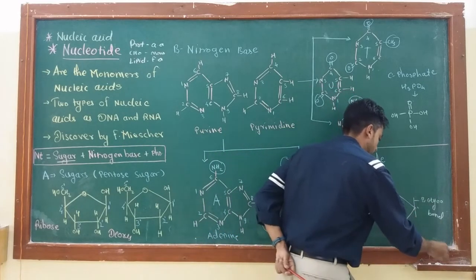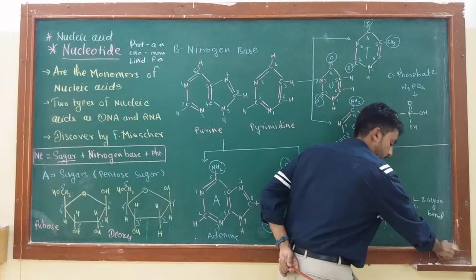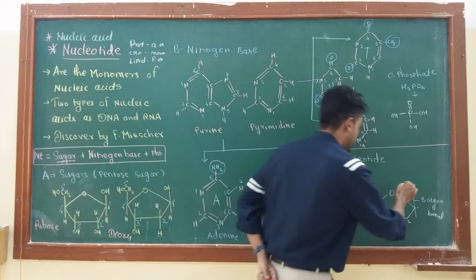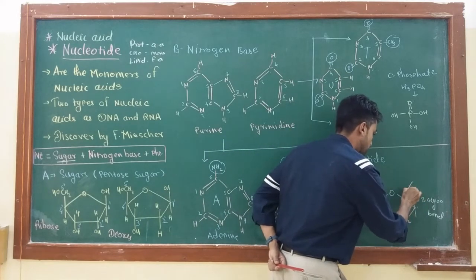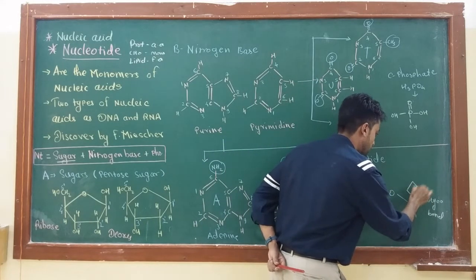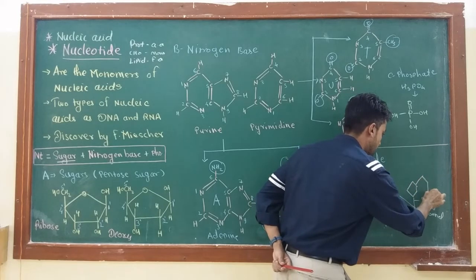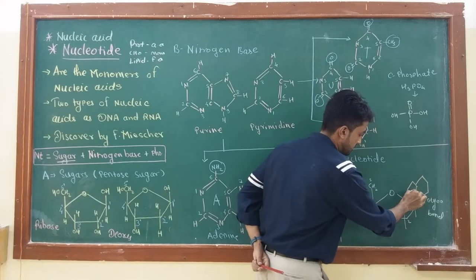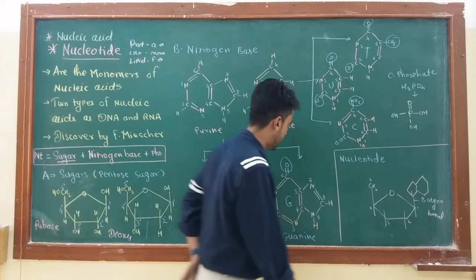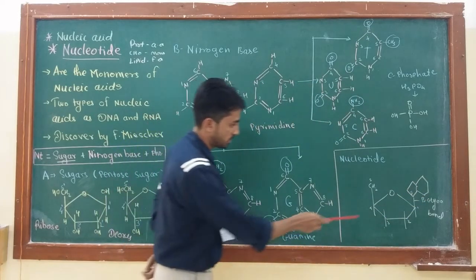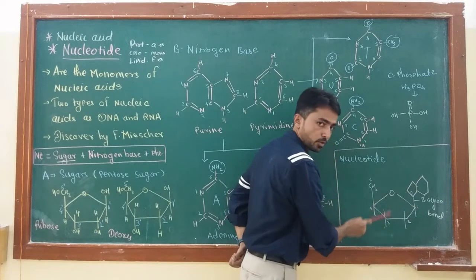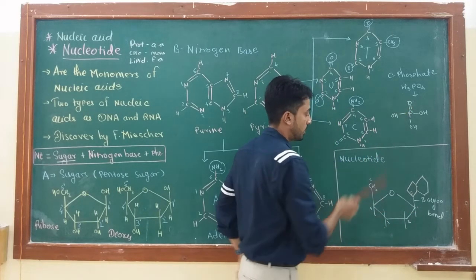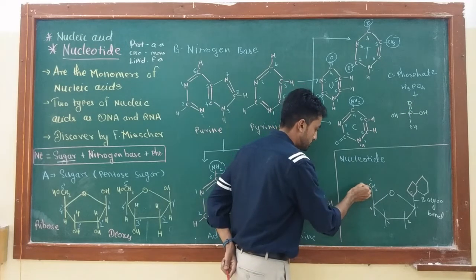So you can have nitrogen base attached to pentose sugar like this. This is 9th position of adenine, which is attached to the first carbon of pentose sugar, while the 5th carbon of pentose sugar attached with the 1 phosphate molecule.